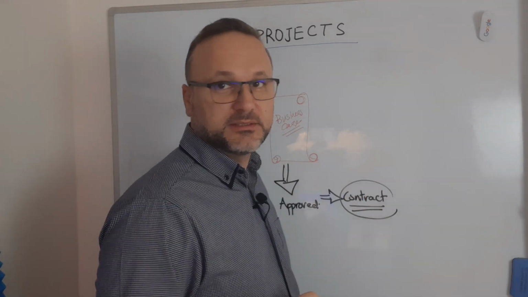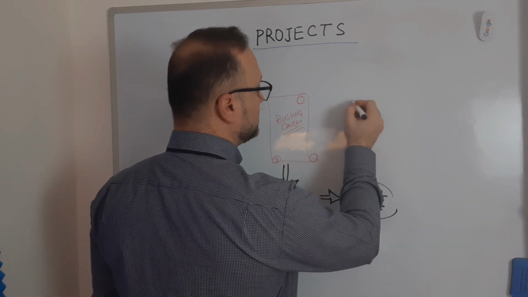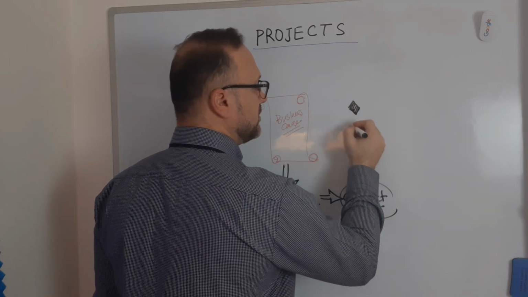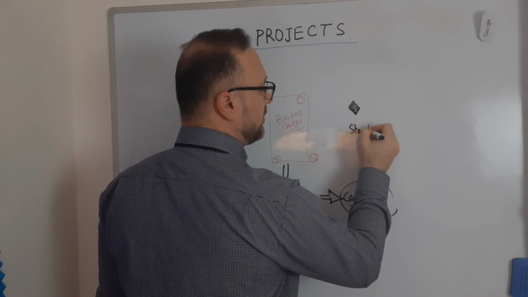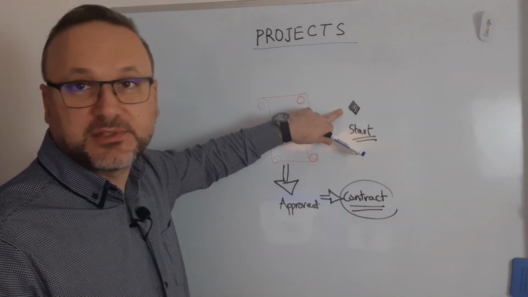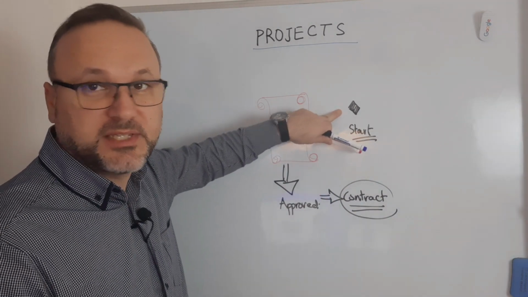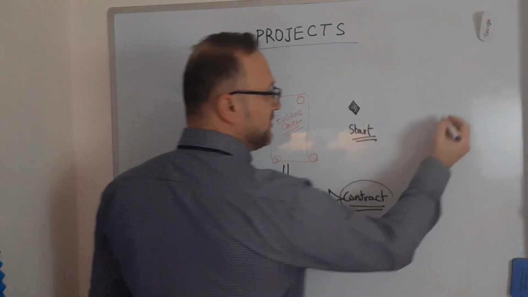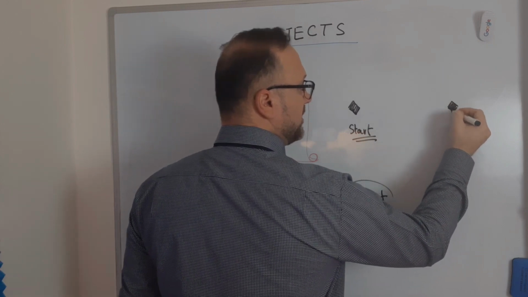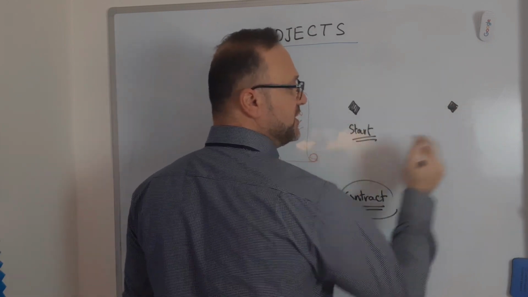Talking about the contract, once we have a contract, we have a start date. The start date is defined as a milestone. Then it's defined as a specified time where to finish it.